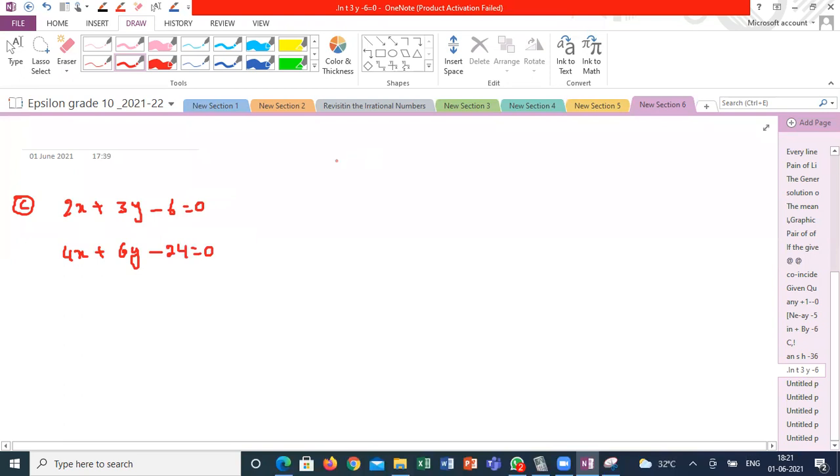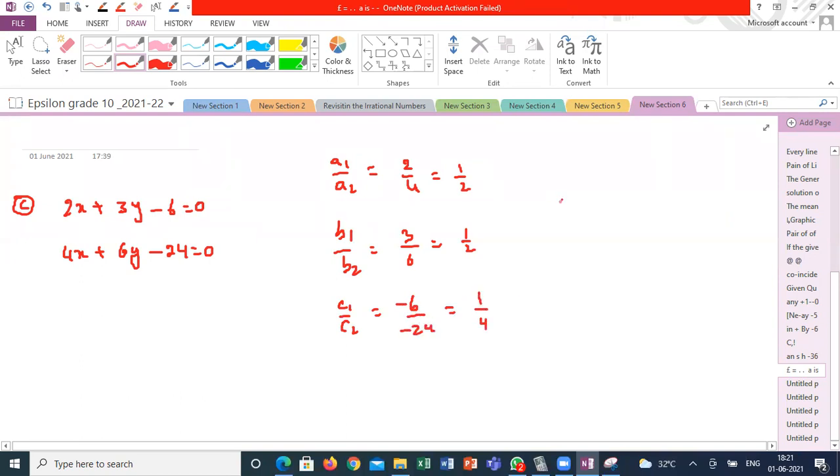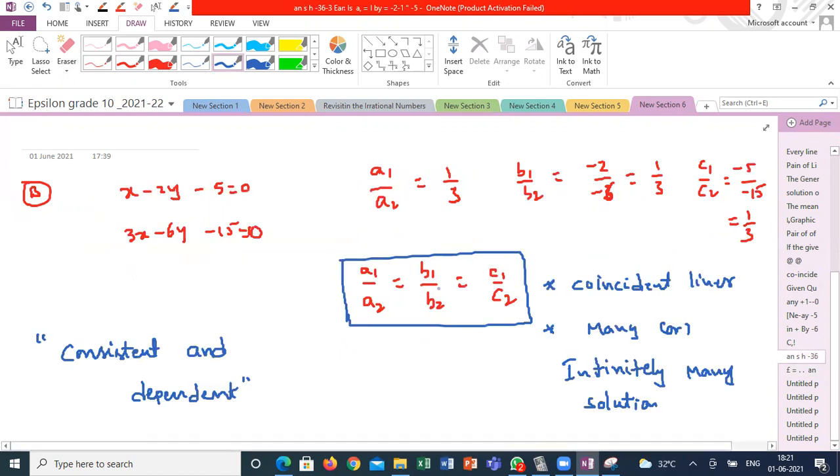Here a1 by a2 is equal to 2 by 4, that is 1 by 2. b1 by b2 is equal to 3 by 6, that is 1 by 2. c1 by c2 is equal to minus 6 by minus 24, that is 1 by 4. My a1 by a2 is equal to b1 by b2, but not equal to c1 by c2. This is the case if a1 by a2 is equal to b1 by b2 and is not equal to c1 by c2.